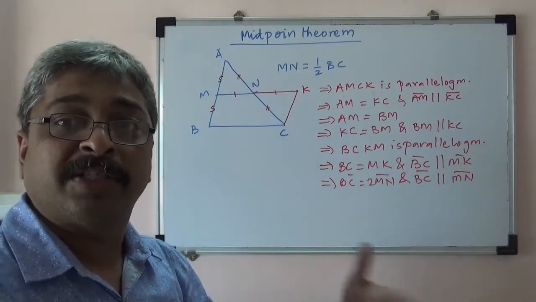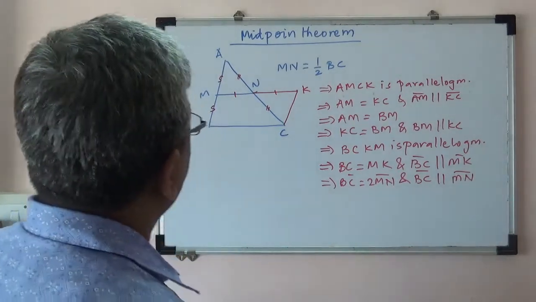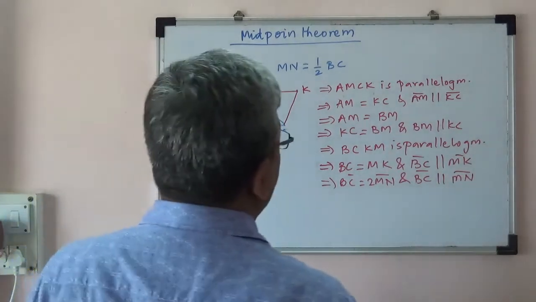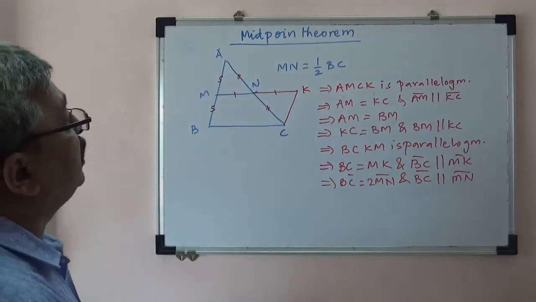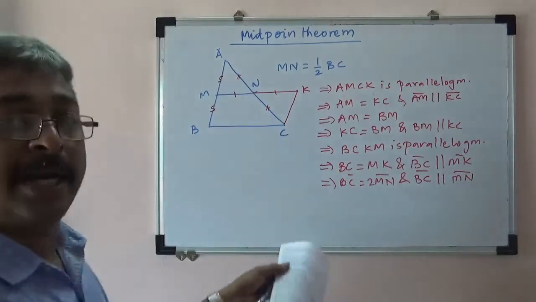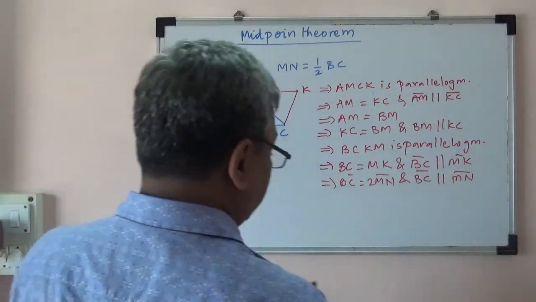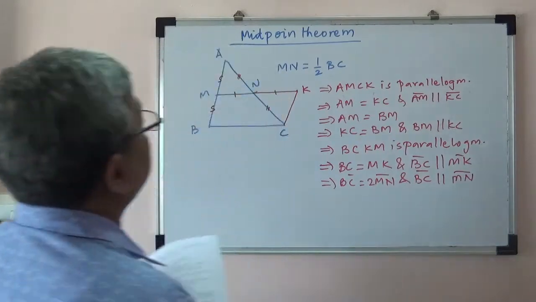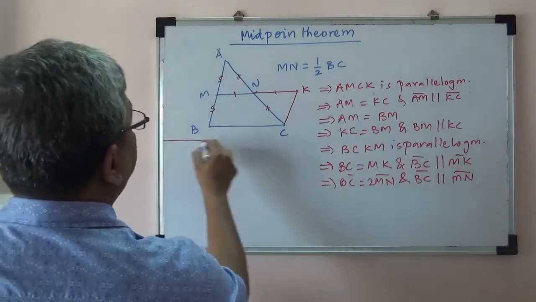If they have not learned this theorem earlier, doing this construction is really a good job, an out-of-the-box construction, and not everyone does it. So even if you have not got it, it is okay, but you must understand it and be able to reproduce it whenever required.